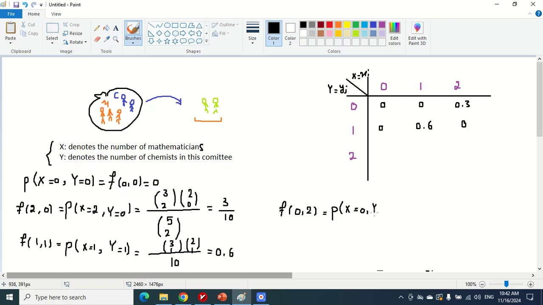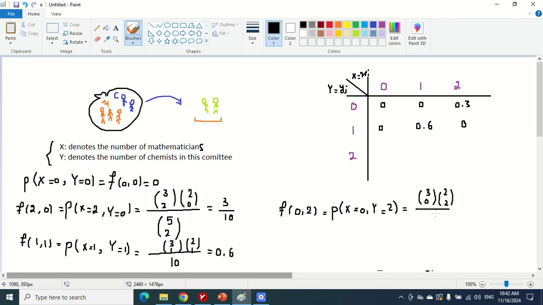So Y equal to 2 means that I need a committee that contains 0 mathematicians, so I should choose 0 out of 3, but I want to choose 2 chemists, meaning that 2 out of 2 should be collected over there.